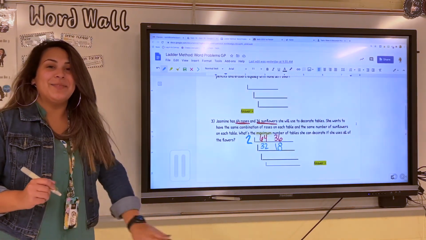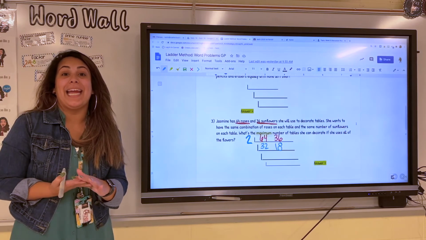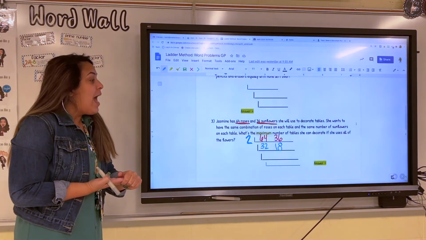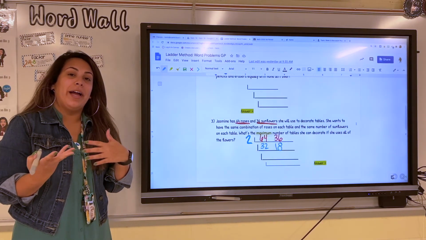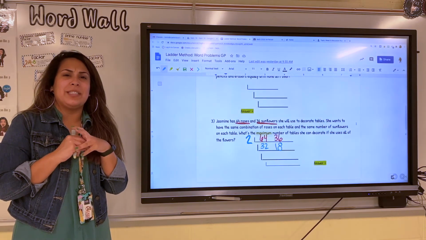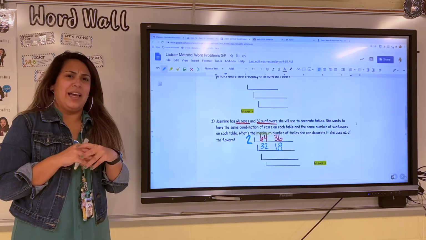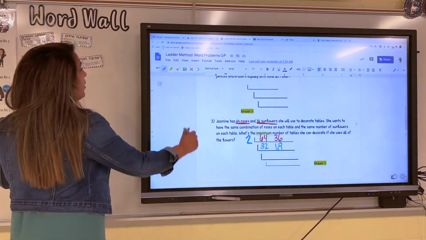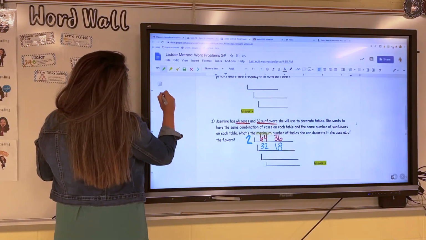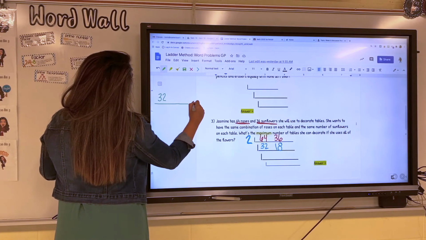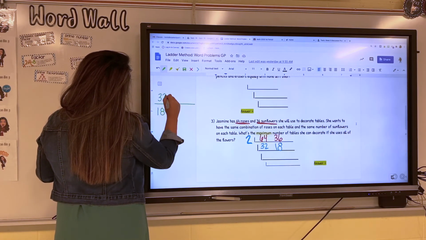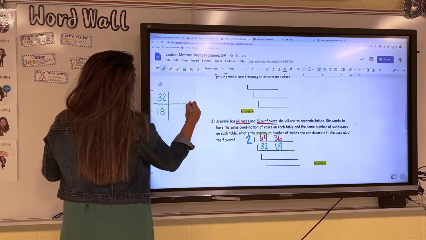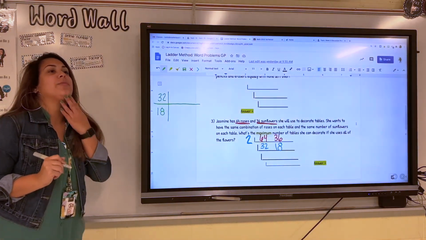All right, so now I have 32 and 18. I can divide by 2 again, or because these are a little bit smaller numbers and I think I know the facts to both of these, I'm going to do a fact table on the side. So do 32, 18. Let's write all of the factors of 32.